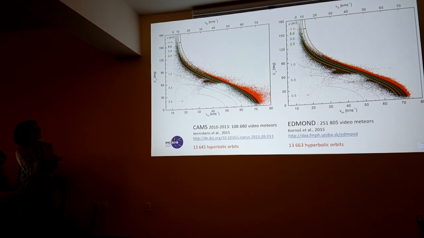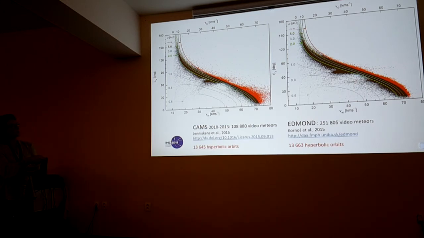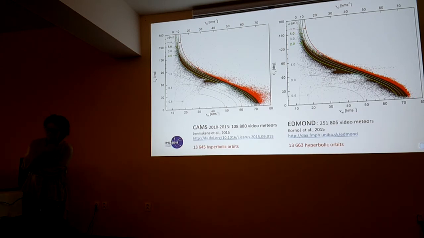but that's not a real comparison, because in the Edmond data some criteria were used to select orbits.